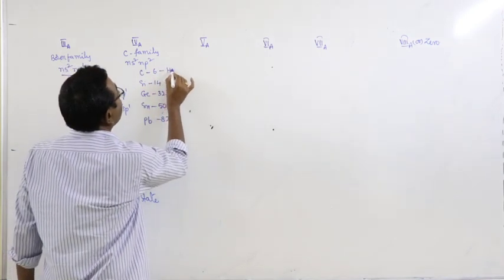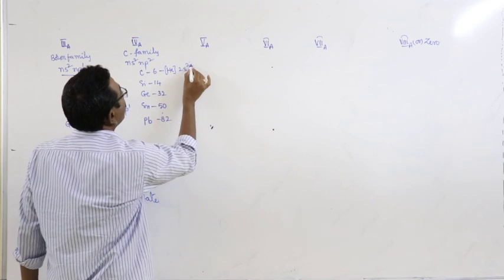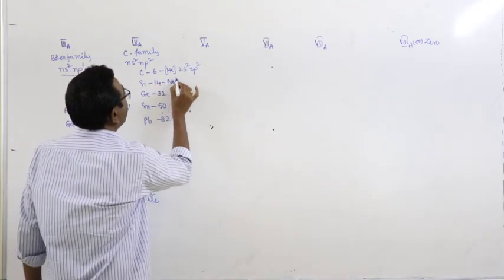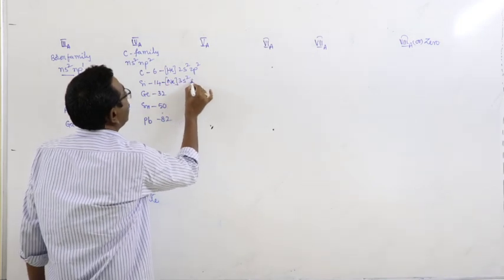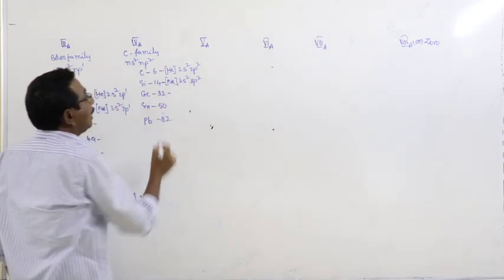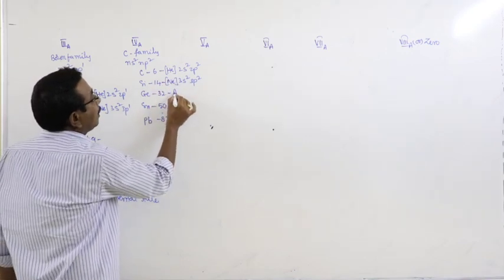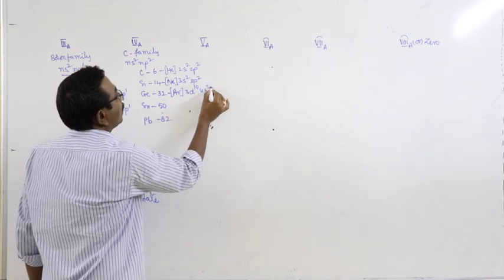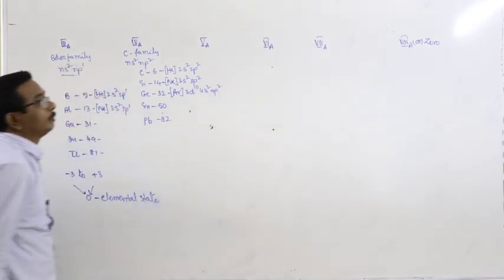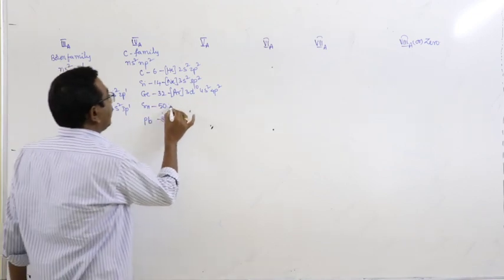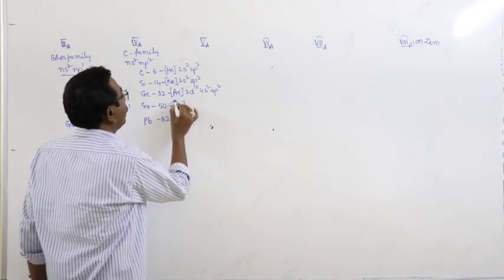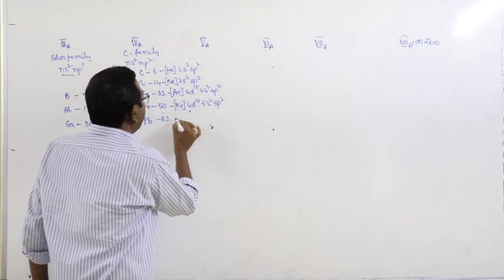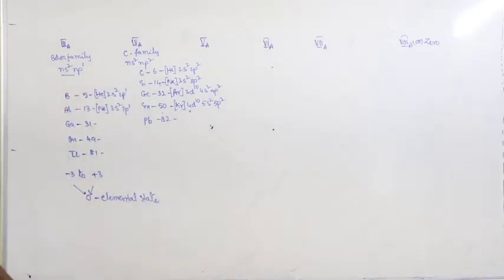Carbon electronic configuration helium 2s2 2p2, silicon neon 3s2 3p2, and germanium argon 3d10 4s2 4p2. And next one, tin, krypton 4d10 5s2 5p2. In the same way, lead 6s2 6p2.